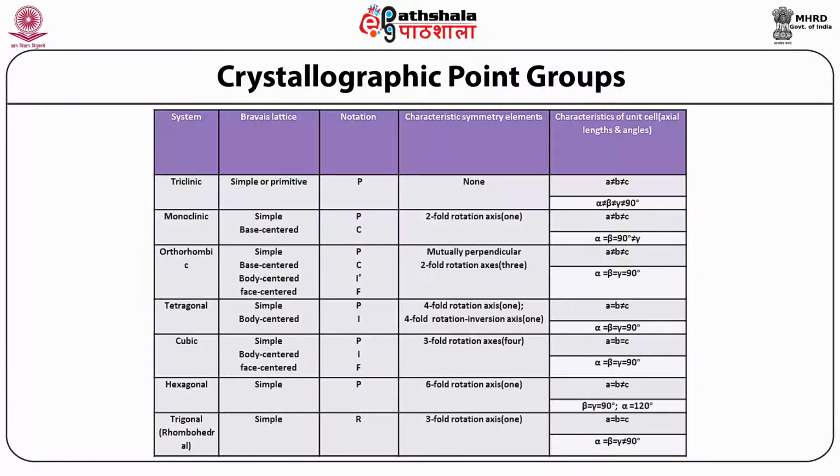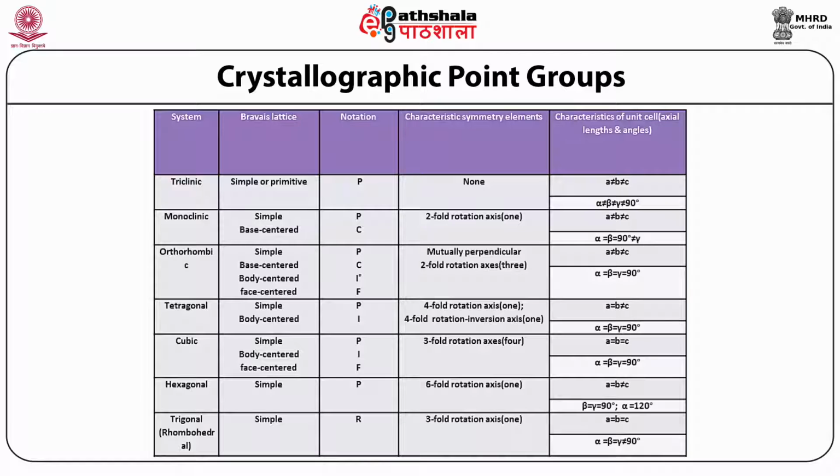Table 3.1 provides a list of 7 crystal systems along with their characteristic symmetry elements and the characteristics of unit cell. These represent conventional unit cells for the 14 Bravais lattices arranged according to 7 crystal systems.